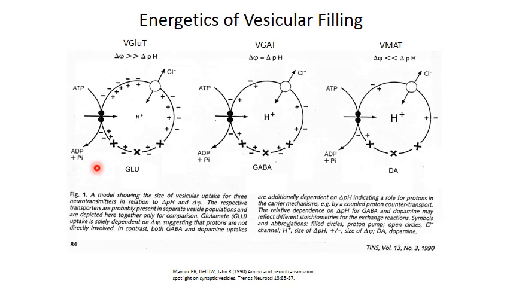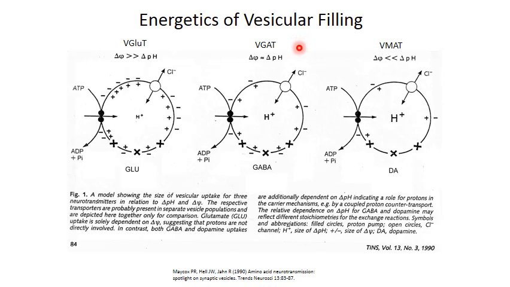Cytosolic glutamate is 10 millimolar. We're looking at vesicular glutamate in the 150 millimolar range. So there's not a large concentration gradient to move against, but the charge difference, because glutamate itself has a negative charge at physiological pH, is very useful for getting glutamate into the vesicle.